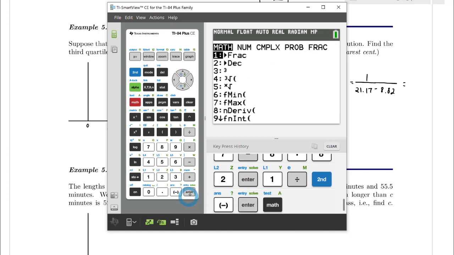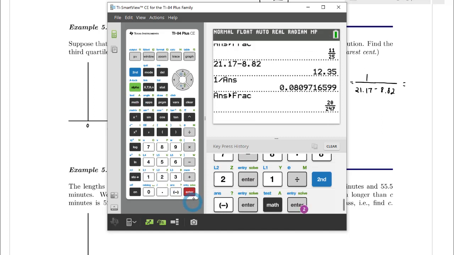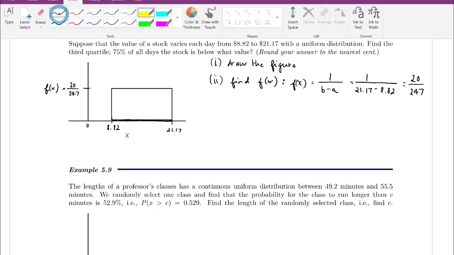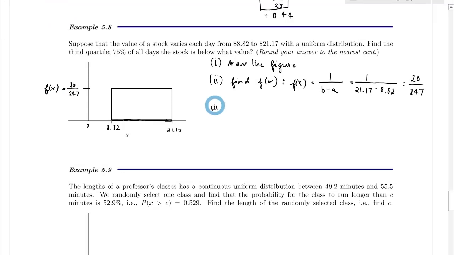And we can make that back into a fraction. So 20 over 247. So here, this will be 20 over 247, which is f of x. And if I wanted to shade, I could, well, let's wait till shading. Let's go ahead and do the probability first.